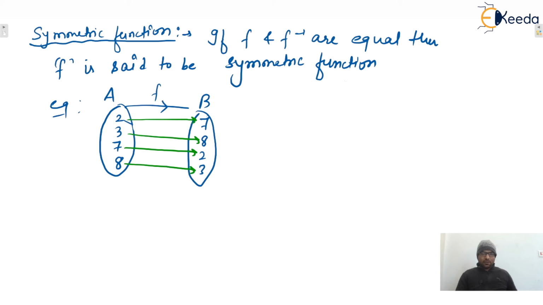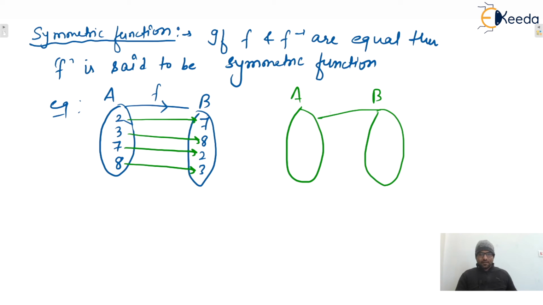Now if you find the inverse, the direction of all arrows will be opposite. So 7 will be mapped with 2, 8 will be mapped with 3, 2 will be mapped with 7, and 3 will be mapped with 8.